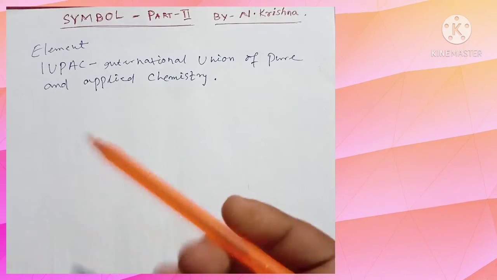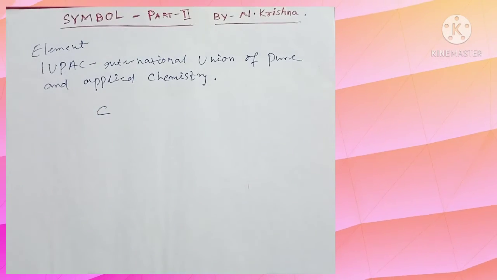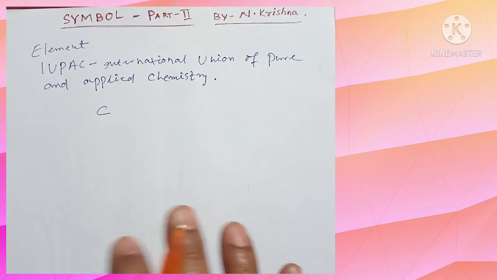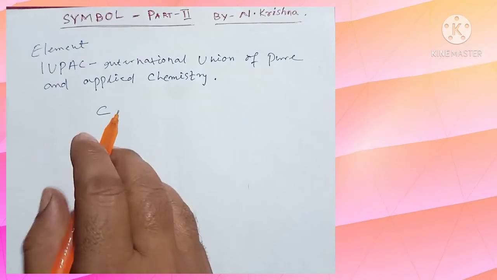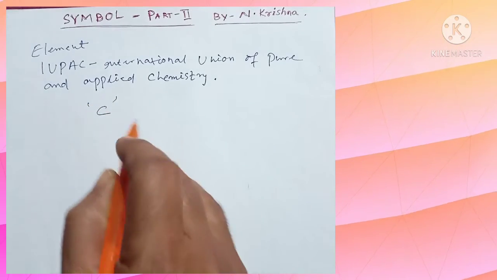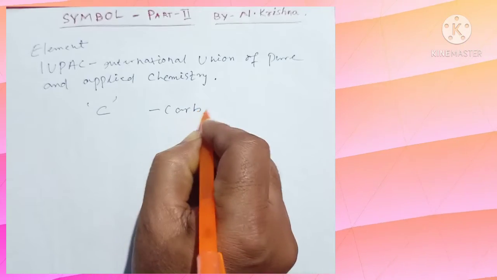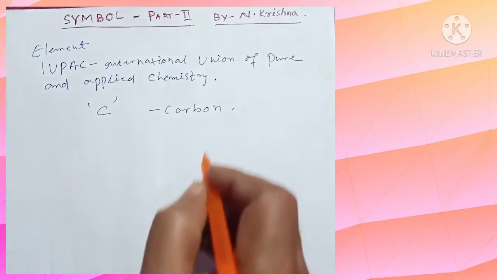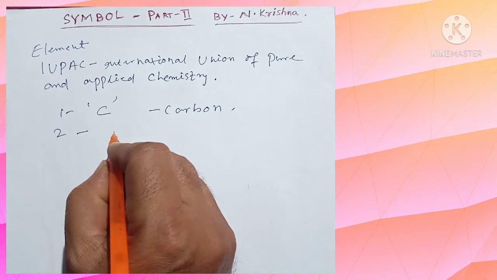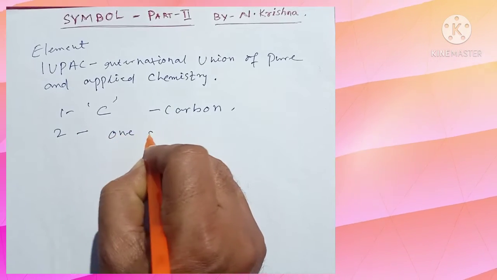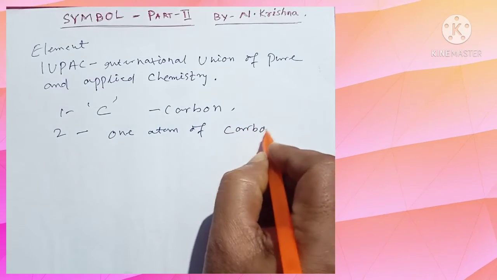Similarly, suppose the symbol C. What does it represent? The C represents the element carbon. Then 1 atom of carbon.